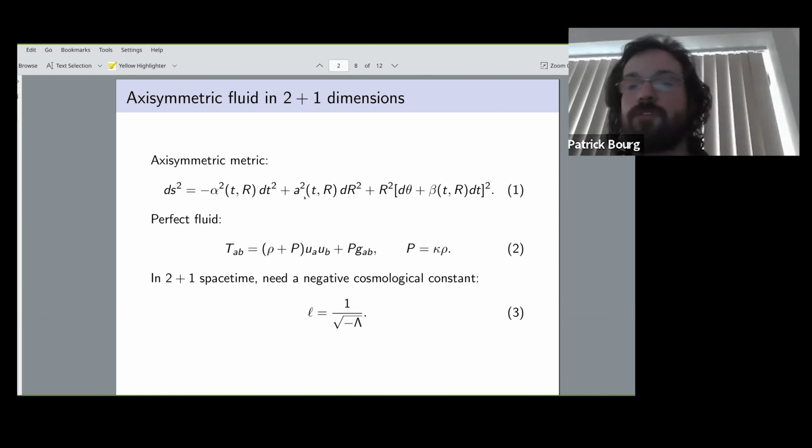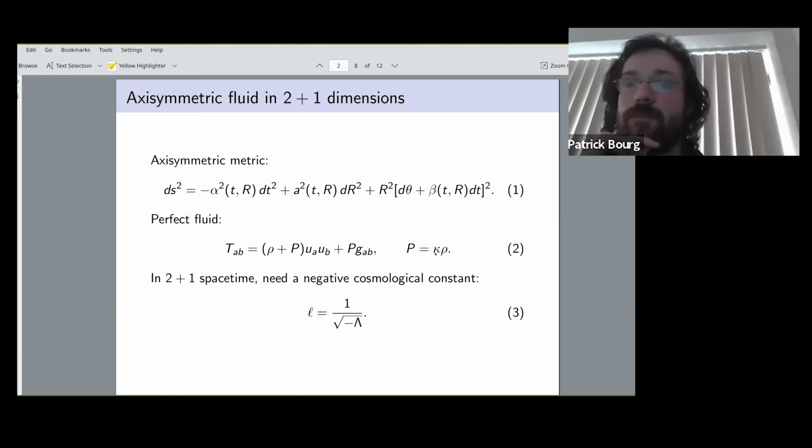That makes the computation, both numerical and analytical, quite a bit easier to deal with. We just consider a typical perfect fluid stress-energy tensor. So we have rho, the usual density, capital P is the pressure, U^A is the fluid velocity, and we're going to consider a linear equation of state with linear coefficient kappa.